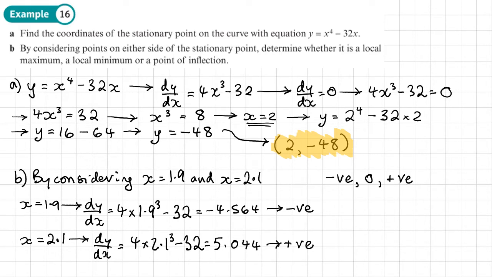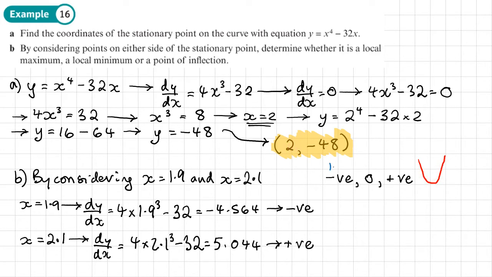Now how's that going to happen? Well, we get a negative gradient when the graph goes down. We get a 0 gradient at the bottom there, and then we get a positive gradient here. So we've identified the type of stationary point, and it's a local minimum. Negative gradient, 0 gradient at that point at 2, and then positive gradient.